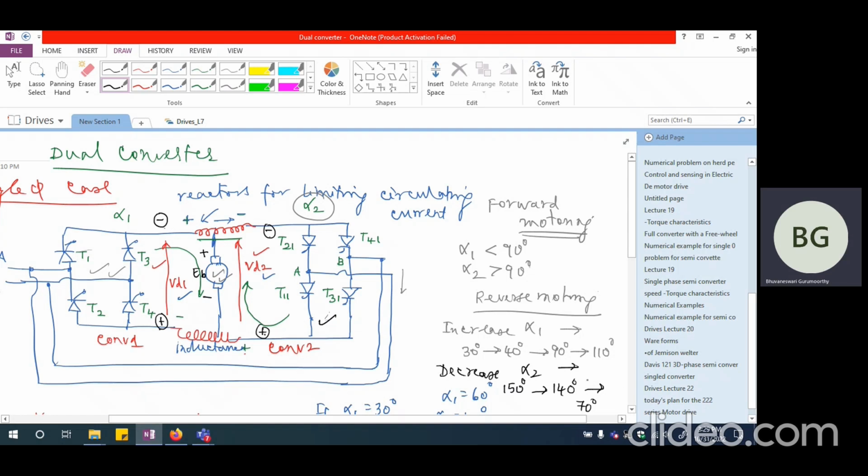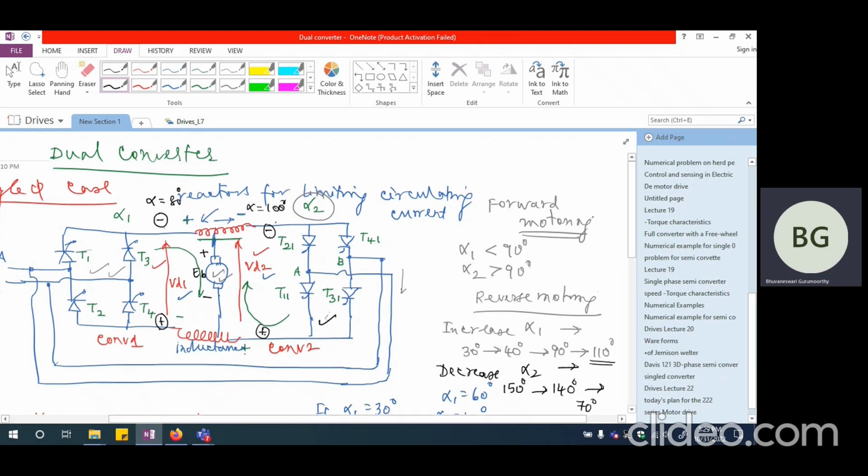But when it is at 110 degrees, you would see that slowly the motor's back EMF is decreasing. As the back EMF decreases, this will be able to actually take the current. If you look at the original value of the firing angle, let us say alpha was 80 degrees here and alpha was 100 degrees here.